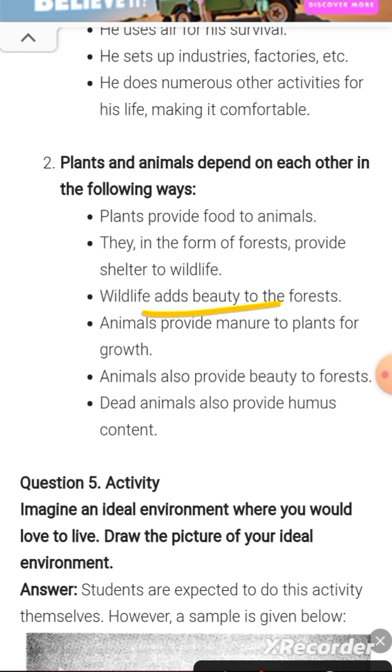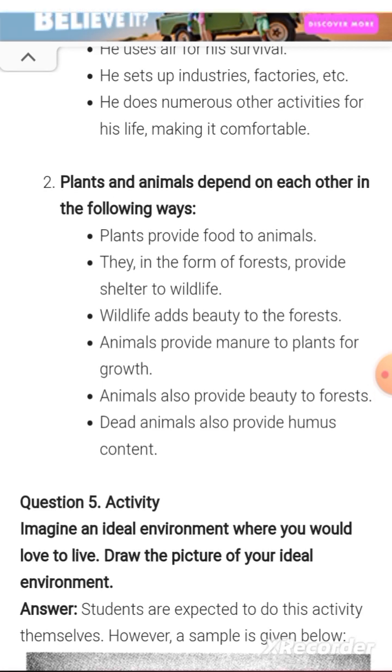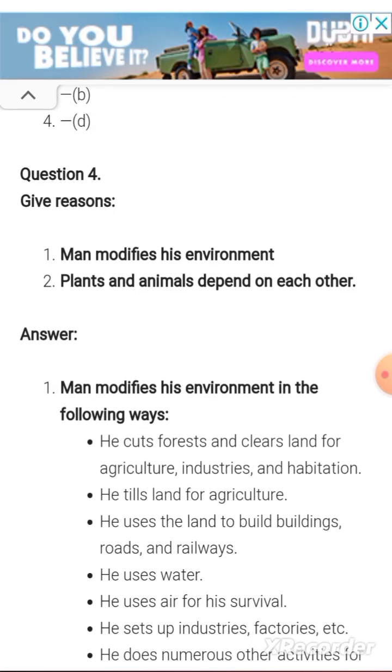Wildlife adds beauty to the forest. Animals provide manure to the plants for growth. Dead animals also provide humus. Now the fourth question is also completed.